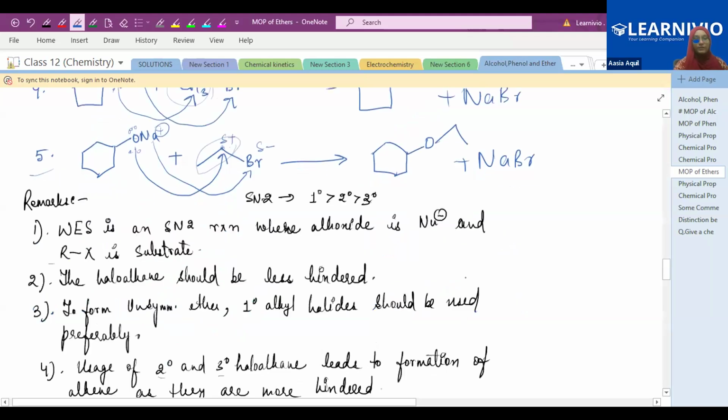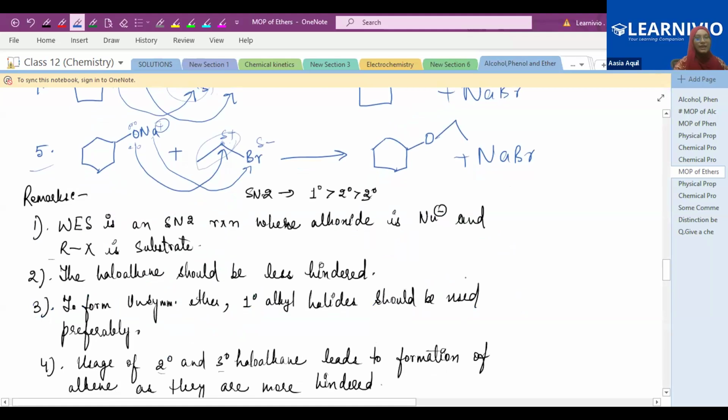Now, because it's again the SN2 type of reaction, it follows the SN2 mechanism, meaning the attack of the nucleophile and the leaving group leaving the compound occur in the same step.